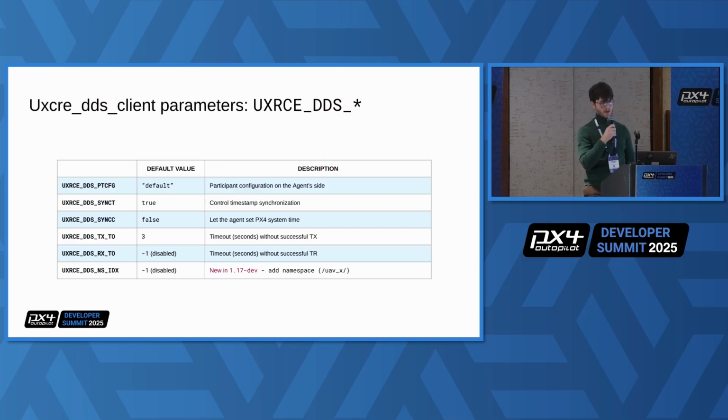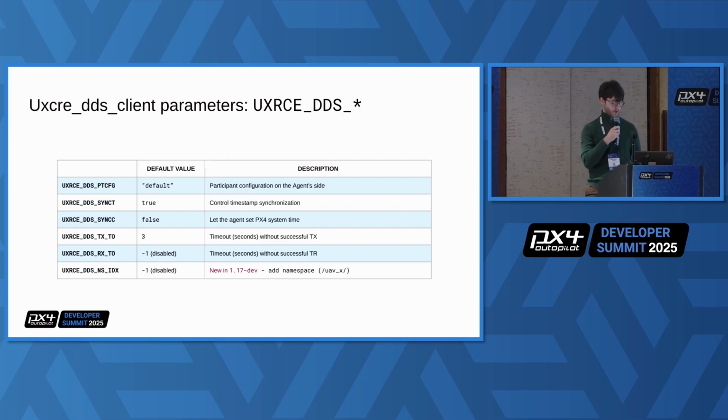It actually tells the agent, please go and look for a configuration file on the agent side, so in the host, if you want to have a fully customized solution of the participant. We can then turn on and off the timestamp synchronizer, or the system time synchronizer. I'll talk about that more later.